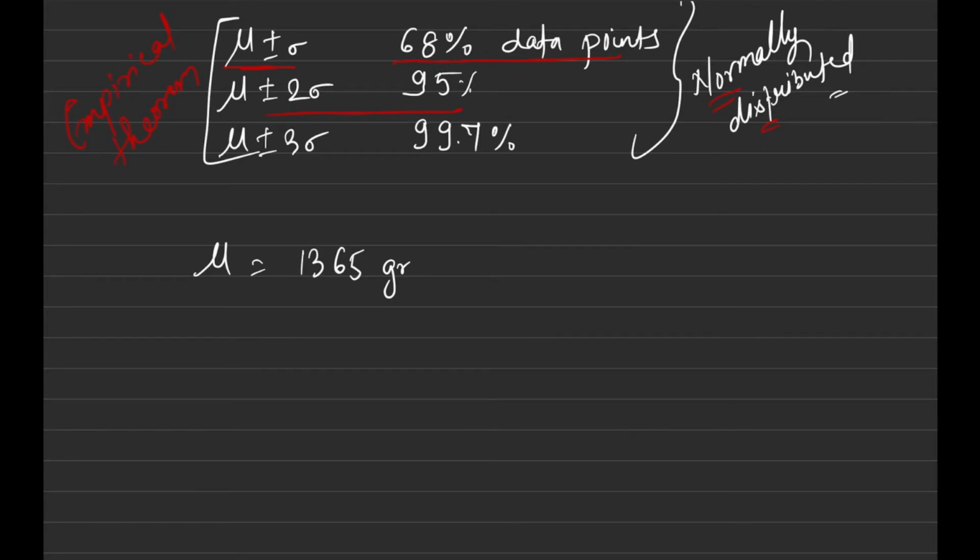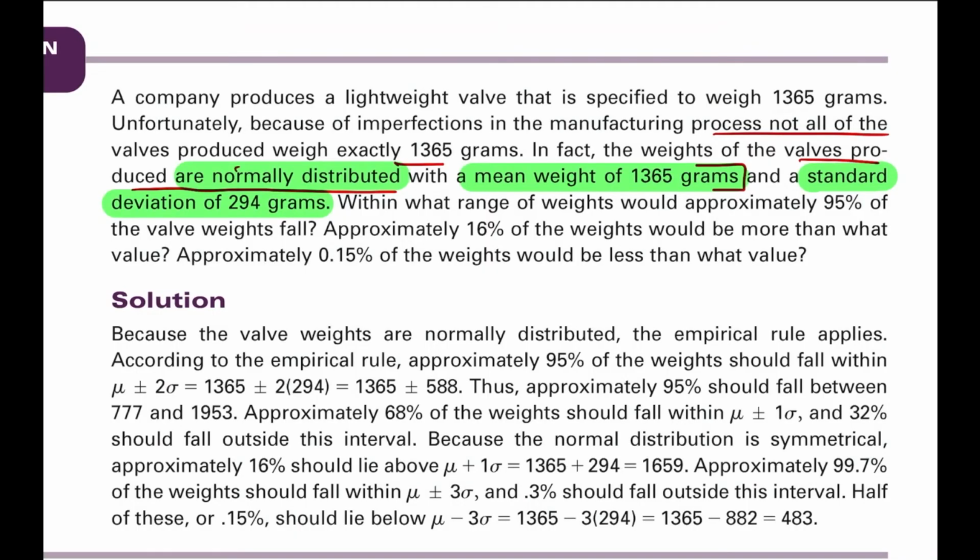So I'll say the standard deviation is equal to 294 gram. Within what range of weight should approximately 95% of the valve weights fall?